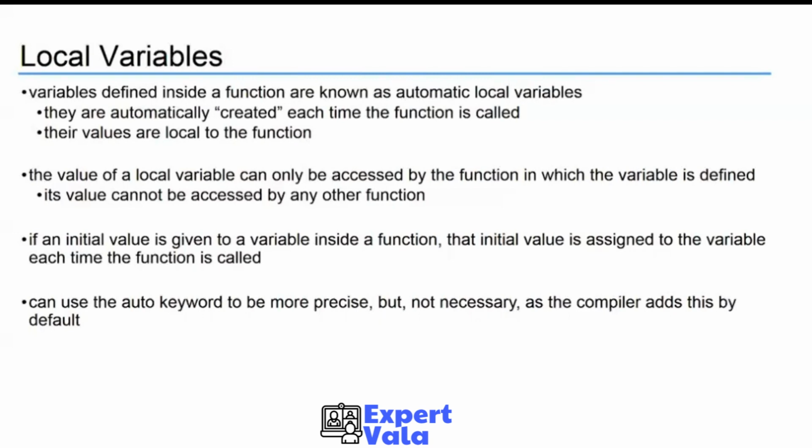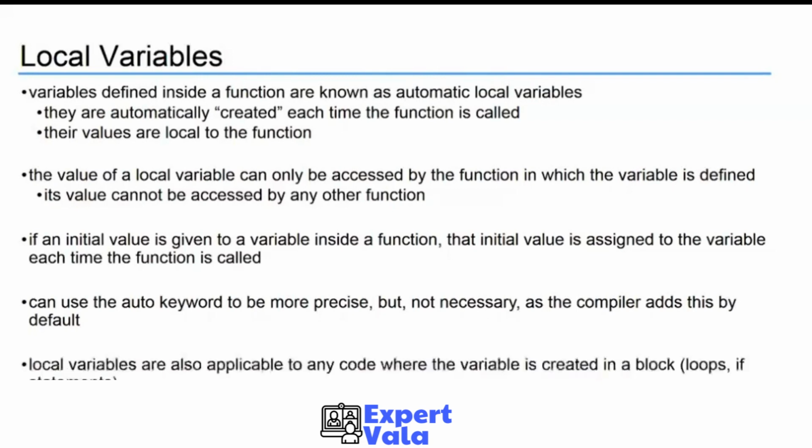It's called an automatic local variable. There is a keyword named auto in C, but you don't need to provide it since it's provided by default, and that's why you don't see it in a lot of examples where variables are being defined and declared inside of a function.